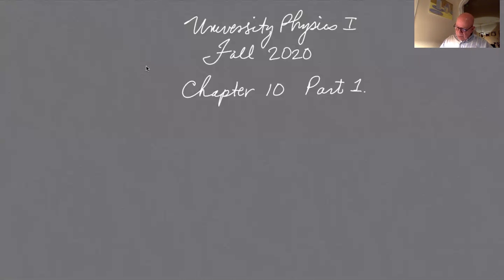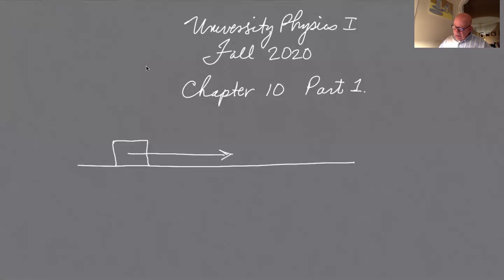So up until this point, we've been dealing with objects moving along, for instance, paths like a block moving along a frictioned or frictionless surface. Okay, and so we realized from the last chapter that we have a magic point here, which is called the center of mass.